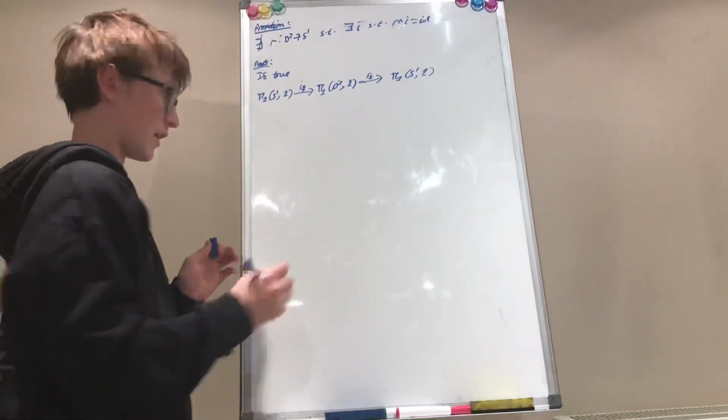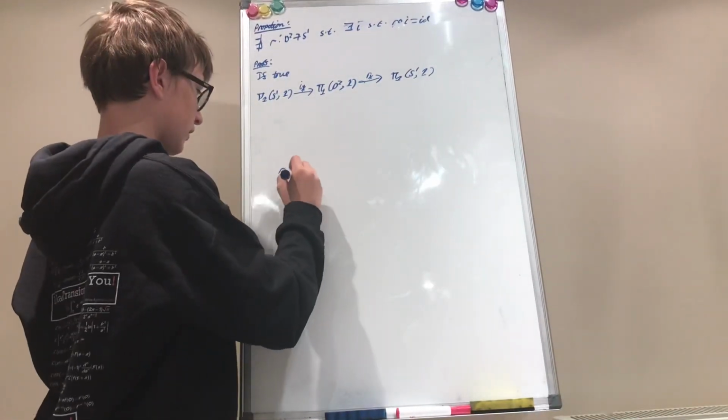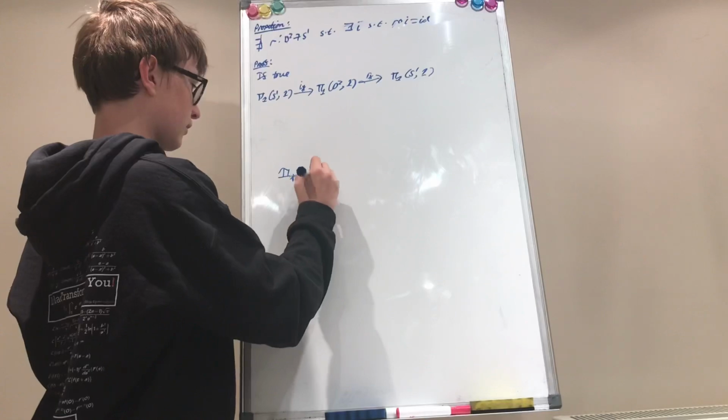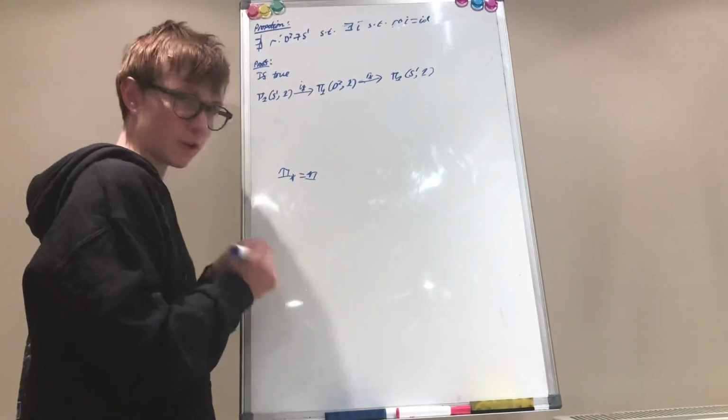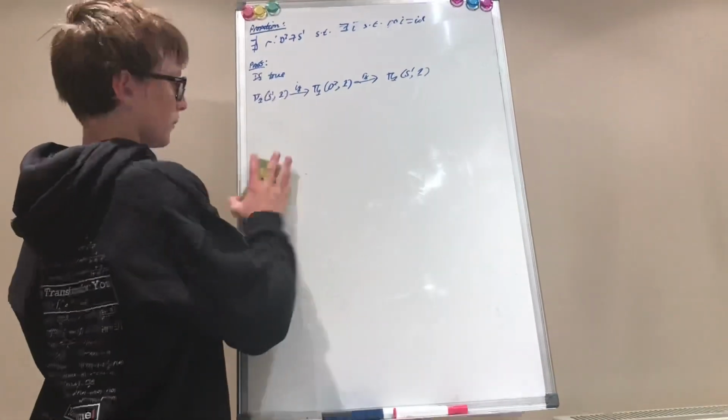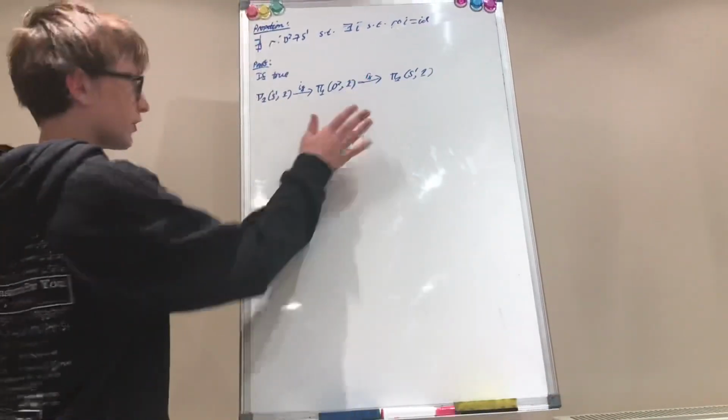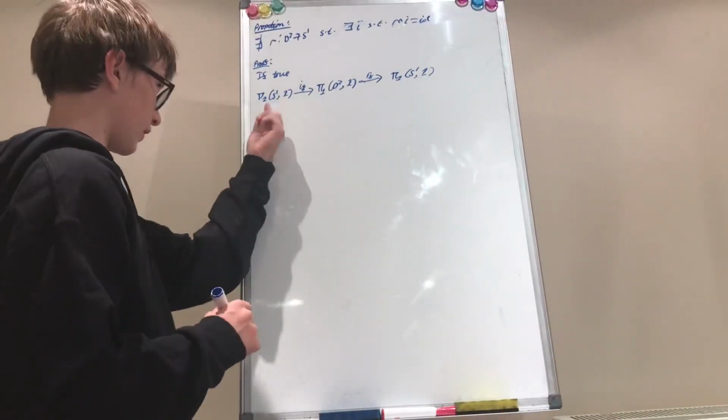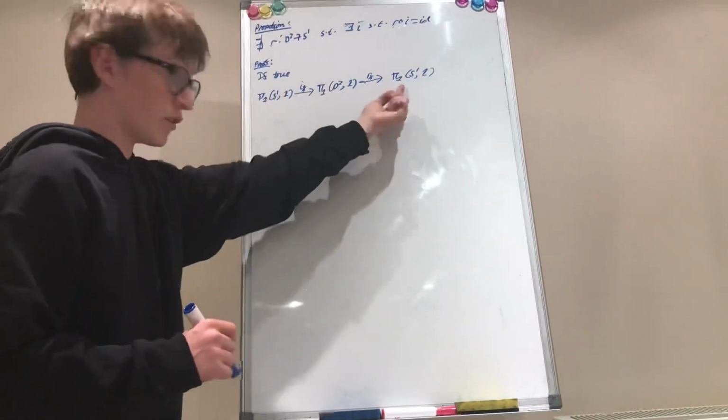Okay, because remember that this holds. Okay, I forgot how to say it because I'm dumb. But yeah, anyway, this would be the identity. But this is the identity from the integers to the integers.